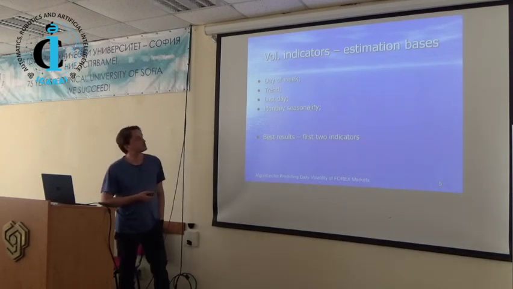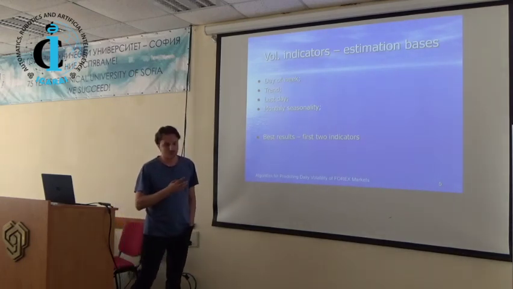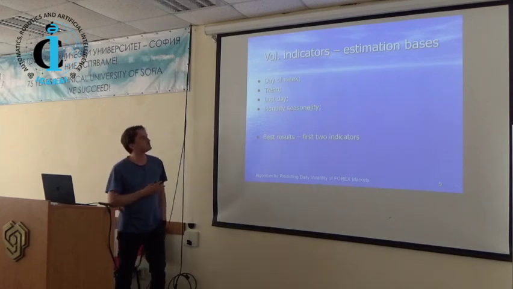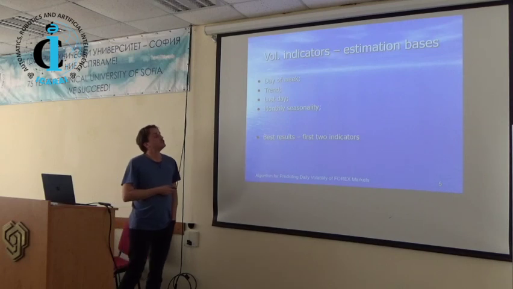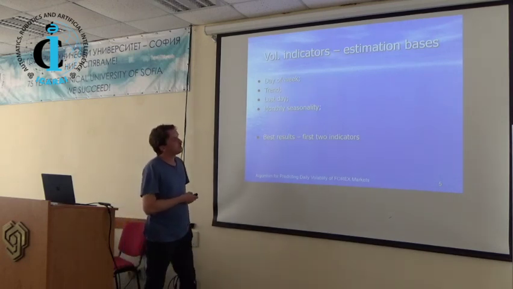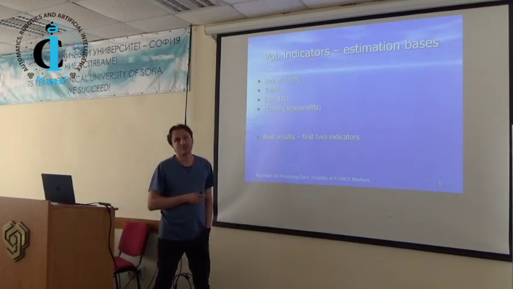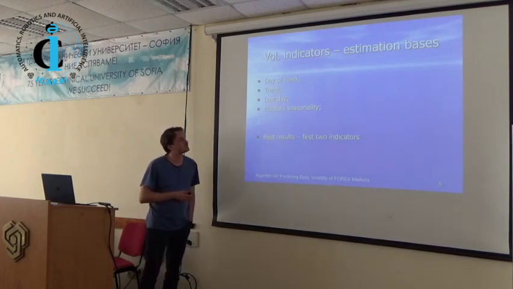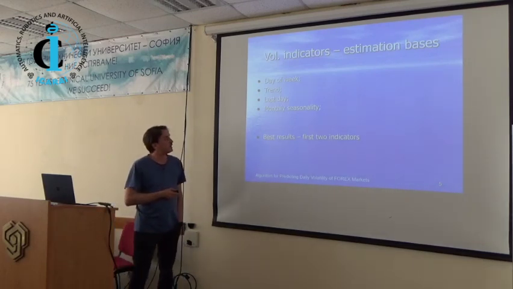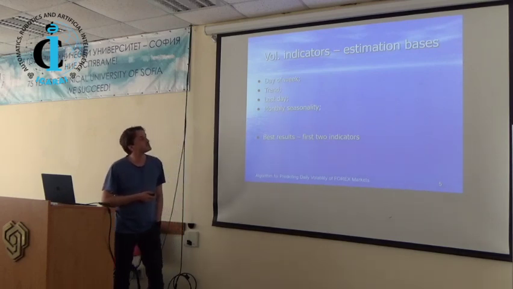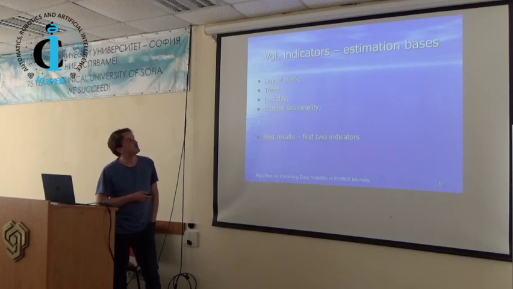Direct extrapolation. Yesterday 100 pips, today 100. You can use monthly seasonality and other things, but the result's not good. In my investigation, the best results I reached by first two indicators.